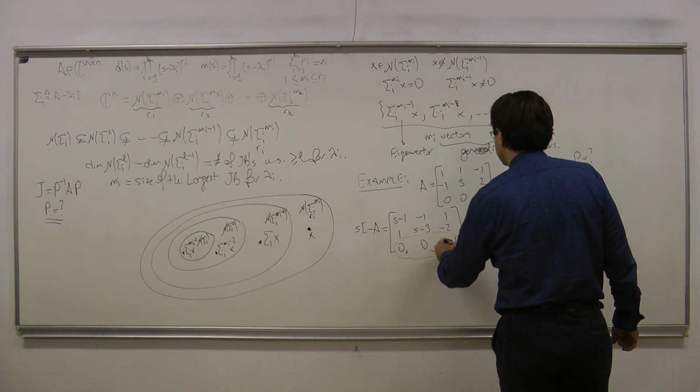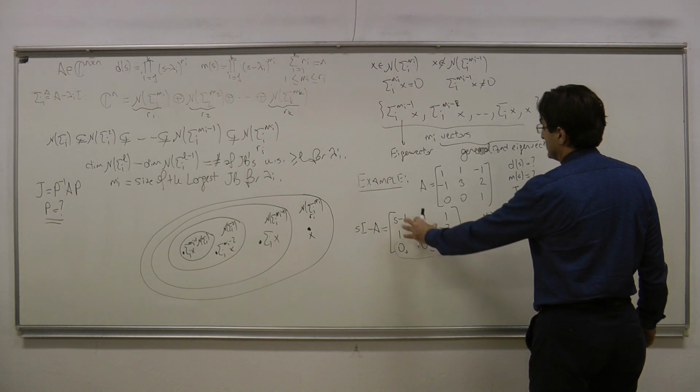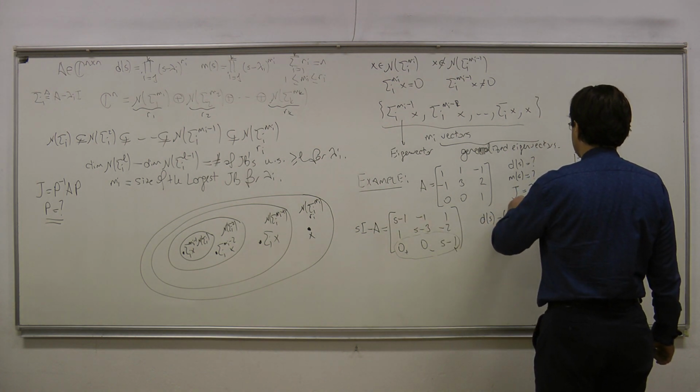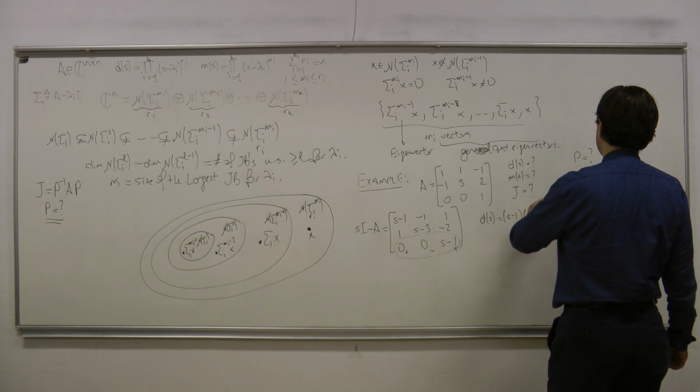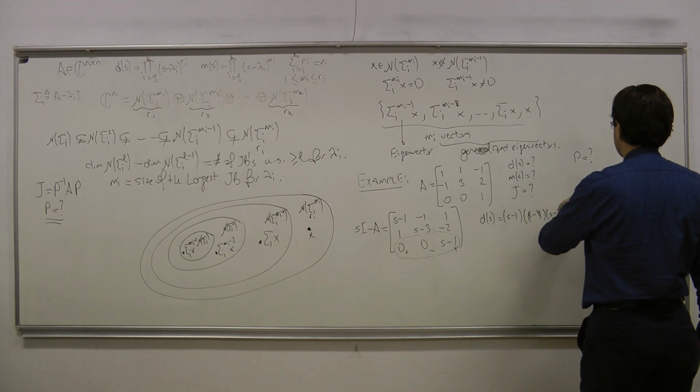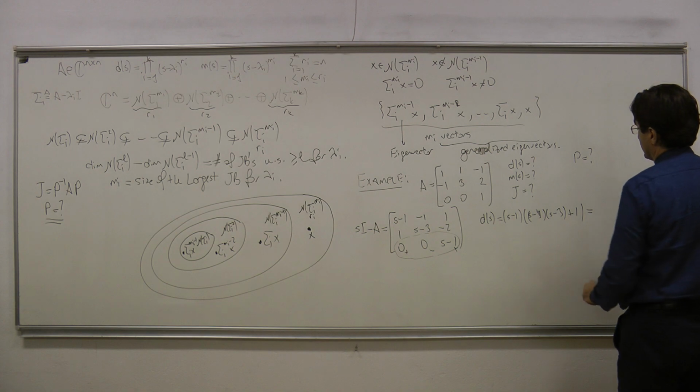So I have plus minus plus here, and s minus 1 times the determinant of the remaining matrix. So it is s minus 1 times s minus 3, and I have plus 1. Okay? So that is going to be my characteristic polynomial.